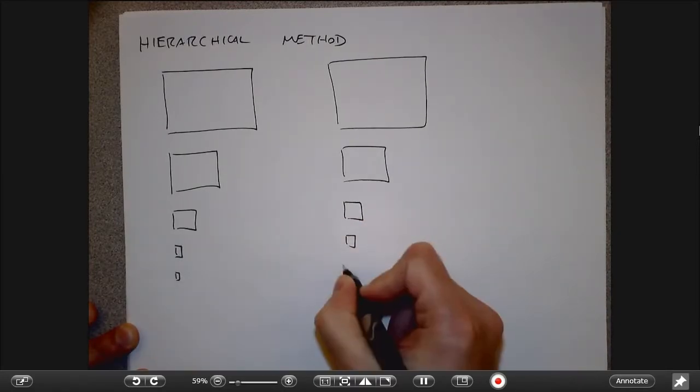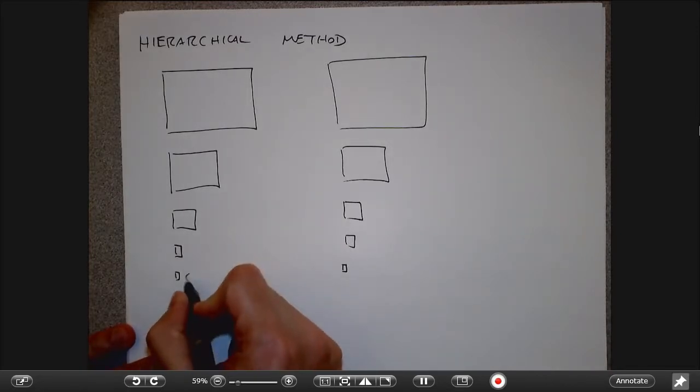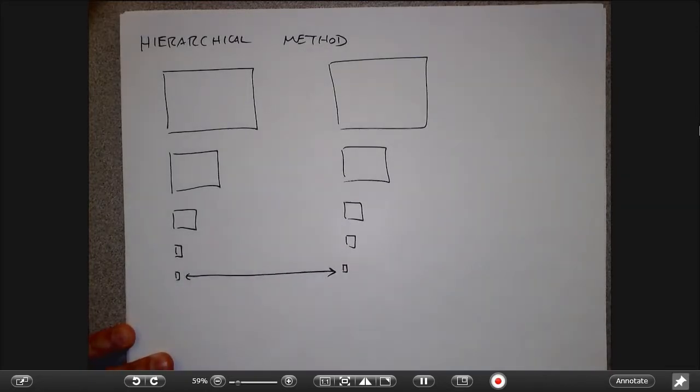The idea behind a hierarchical optical flow method is to make a pyramid of images, and then first compute optical flow between the two images at the lowest level. Because these are really tiny, blocky images, you basically want to bring down your pyramid to the level where your flow vectors are going to be on the order of a pixel, right?